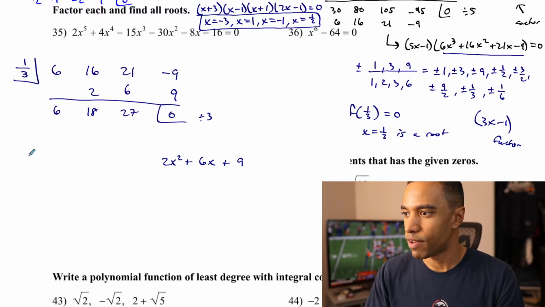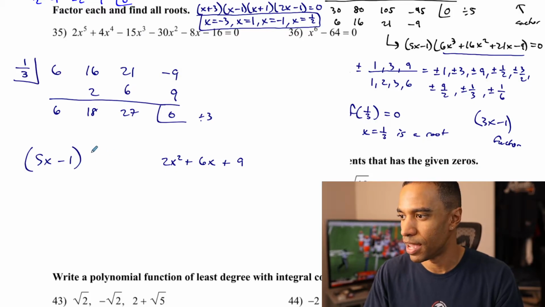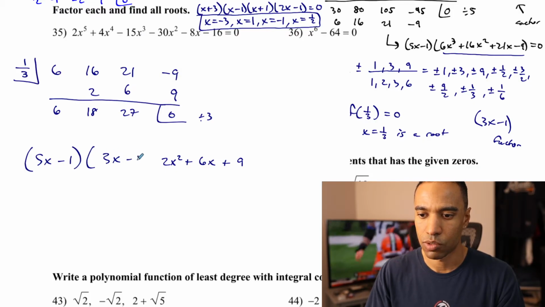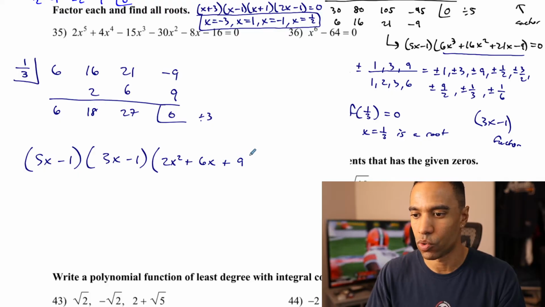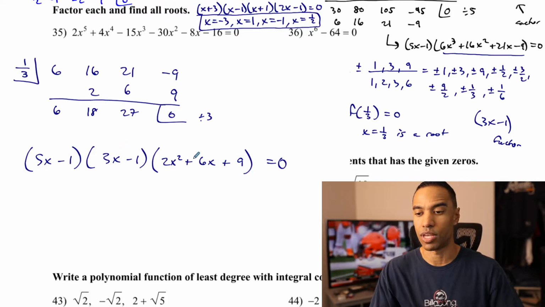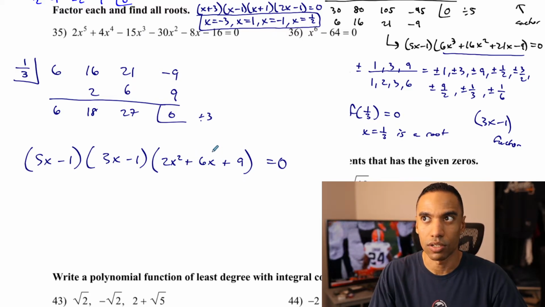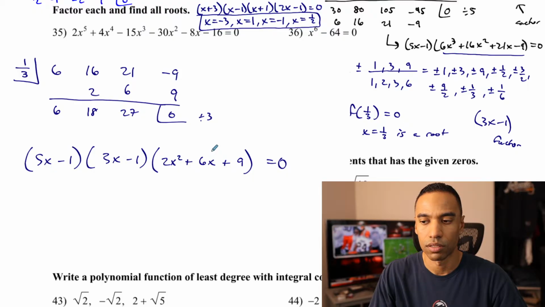Okay, so this factors down to 5x minus 1 times 3x minus 1 times 2x squared plus 6x plus 9 equals 0. They did ask us to find all roots and solve. So if this isn't factorable, which it doesn't look, this is not factorable.